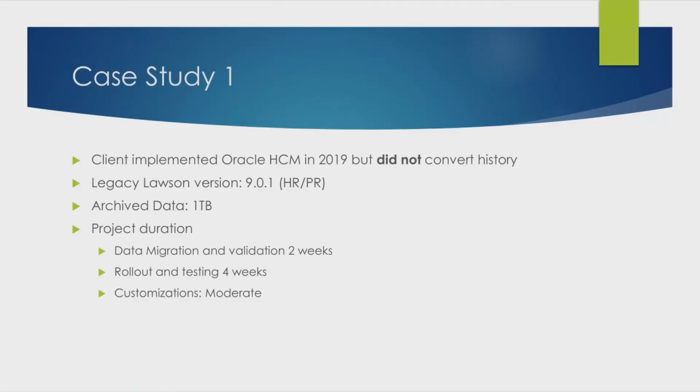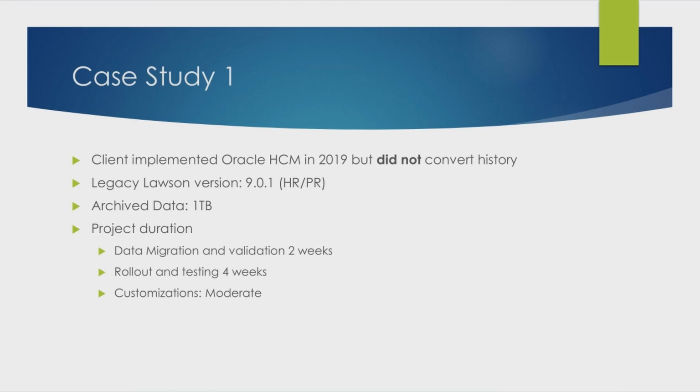So I'll just recount two of the bigger implementations of data archive solution that we've done. The first one is currently an Oracle customer. They moved to Oracle HCM in 2019. They didn't take any of the history with them at all. And I think they regretted that right away, because they realized that even though that was the right decision for them to make during the implementation, not having any of the history there basically necessitated keeping Lawson around in its full capacity going forward.